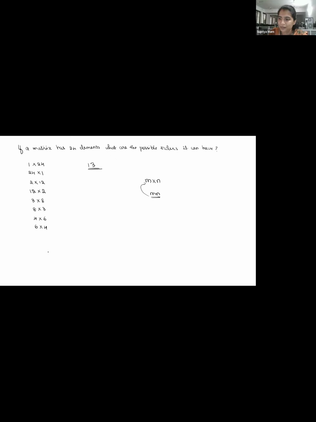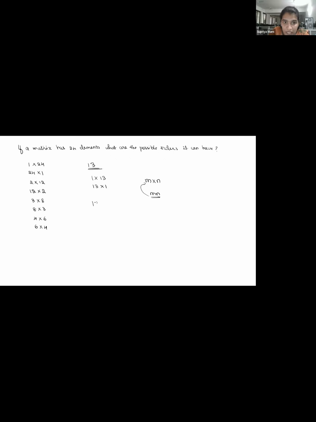Yes, very good. 13 is a prime number, so its factors are just 1 and 13. Hence the possible orders are 1 by 13, 13 by 1, nothing else. Exactly. Only 2.